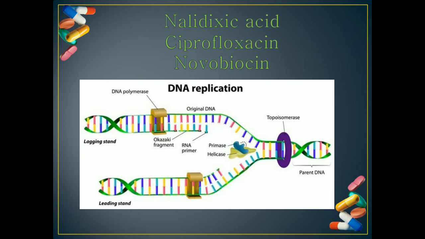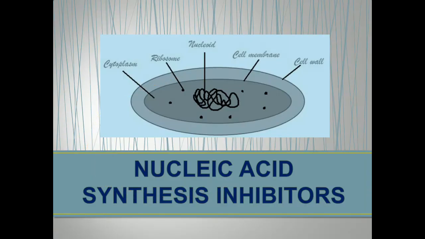That is how these antibiotics work. Some examples include nalidixic acid, ciprofloxacin and novobiocin, all of which target one of the several enzymes involved in DNA synthesis. The enzymes involved include DNA gyrase, topoisomerase, helicase and DNA polymerase. So any of these activities can be blocked by the nucleic acid synthesis inhibitors.